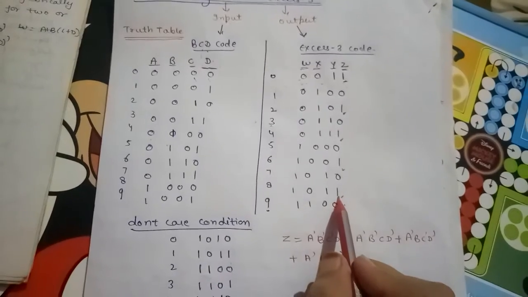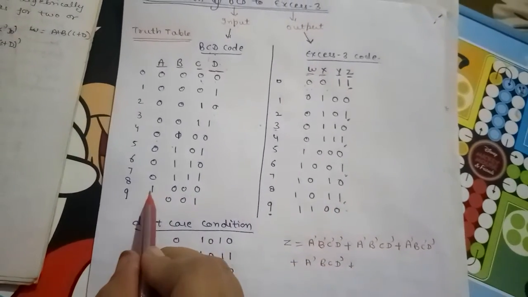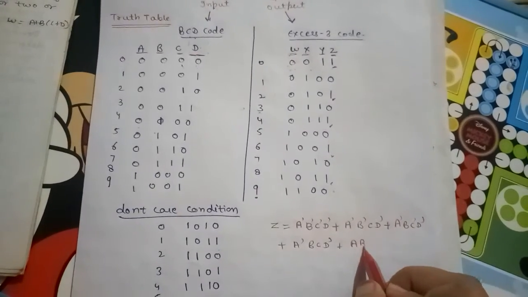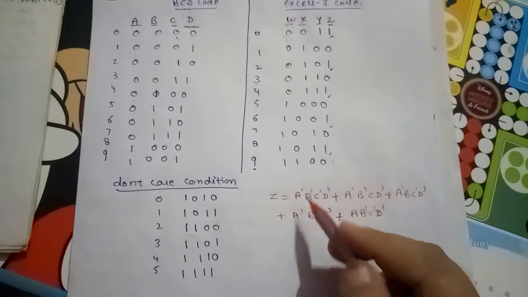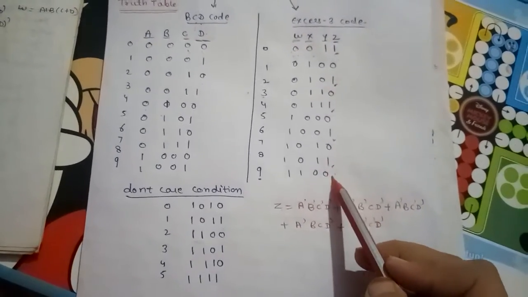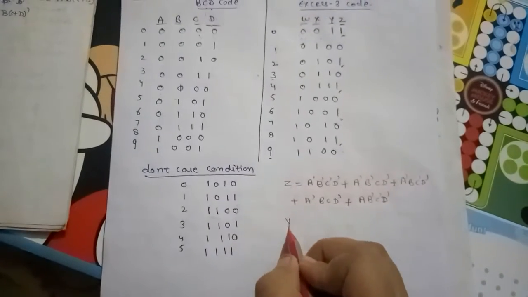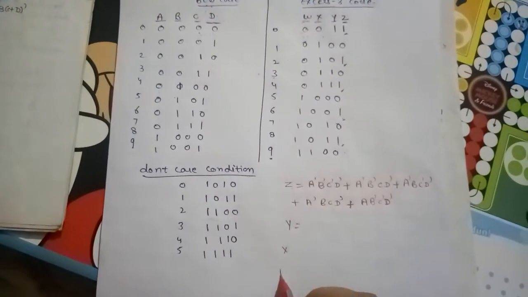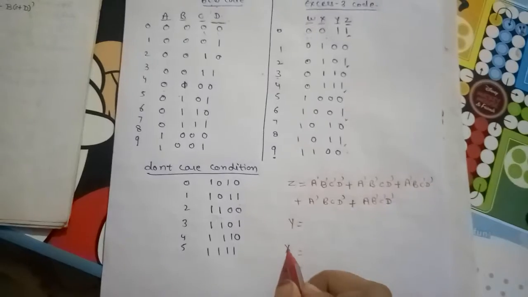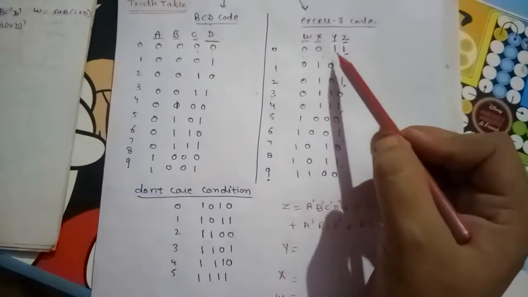Then further at this point it is 1, and the corresponding input has 1 at the A position only, while B, C and D are all complemented, right? So this is the function for the Z variable of this particular code. Next, for Y, for X, and for W, we have to create the functions from this truth table.